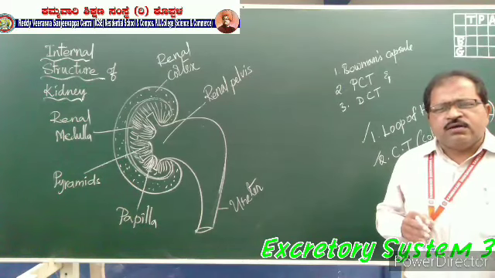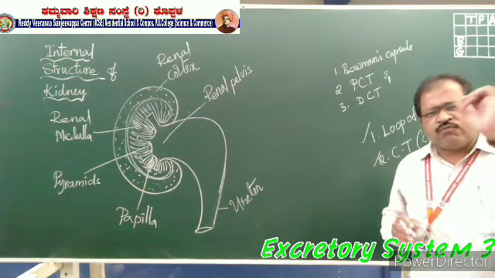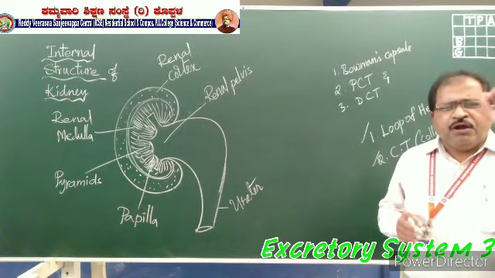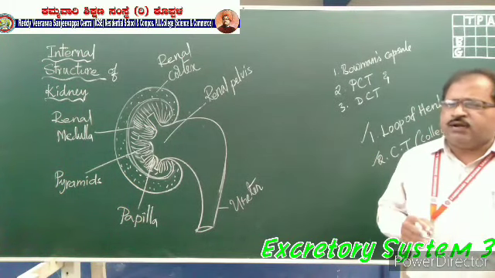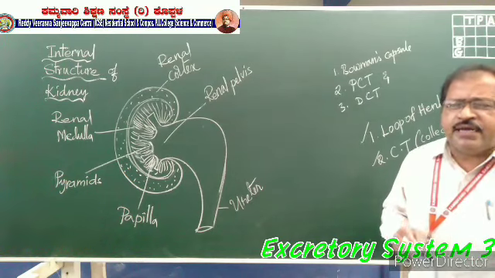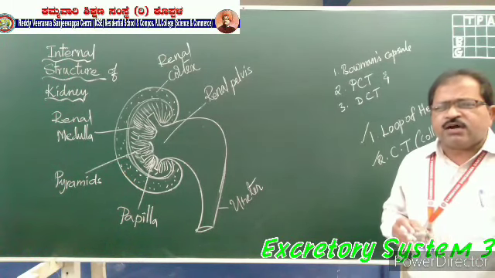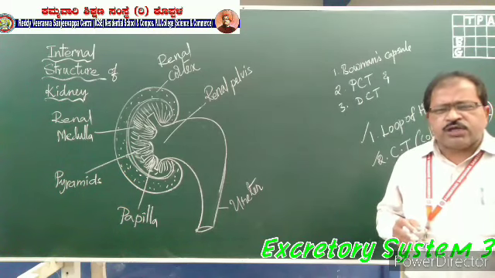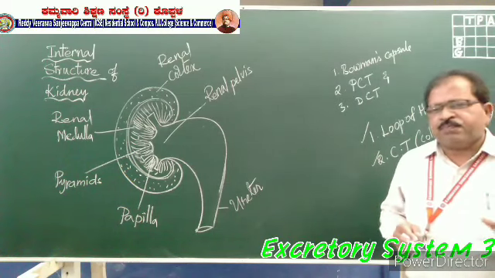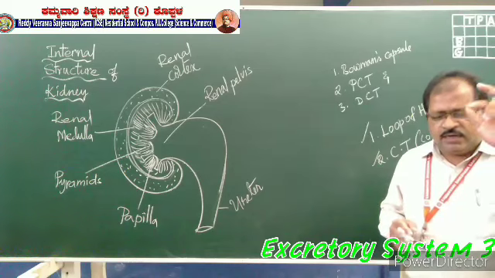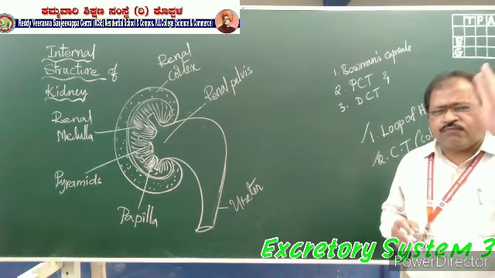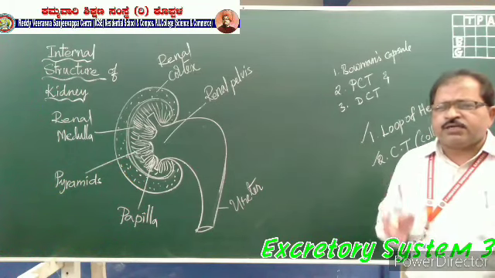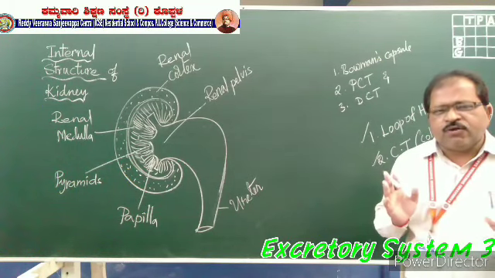Nephrons are the structural as well as the functional units of the kidney, and nearly 1 million nephrons are present in each kidney, totally 2 million nephrons in the two kidneys.